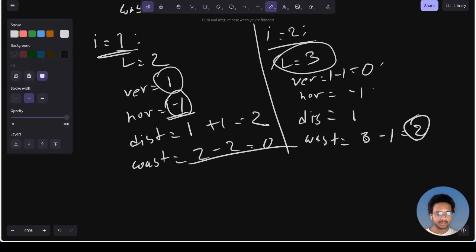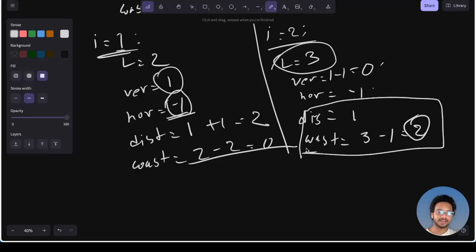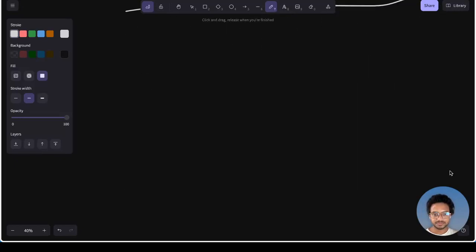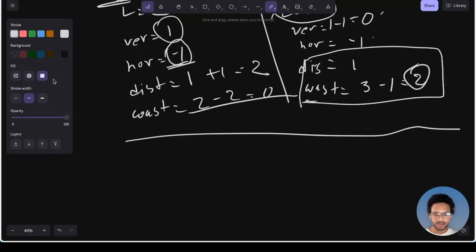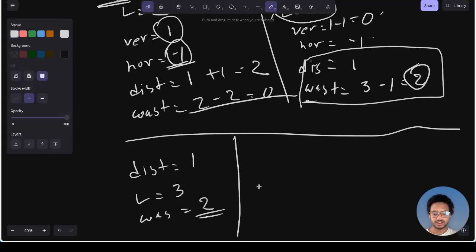So here, I have to check how much power I got. My current distance is 1, the length should be 3, and I am wasting a value of 2. So in that case, I'll check the maximum I can add here.